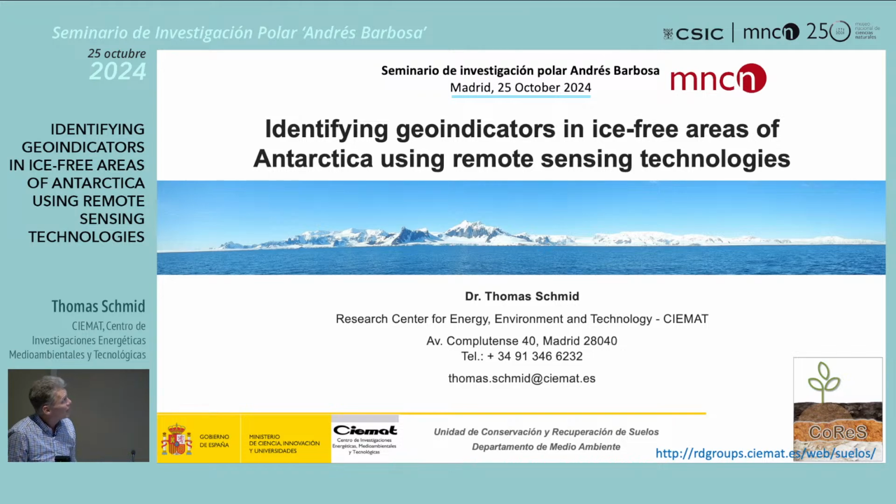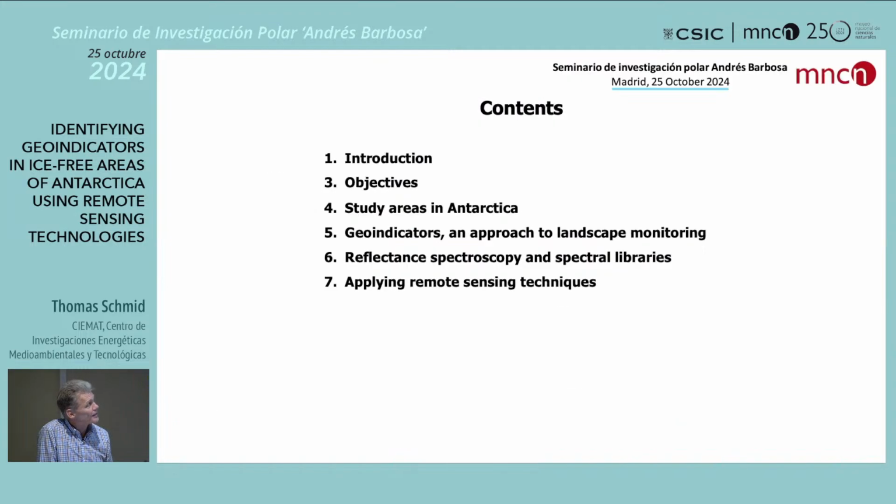So today, I want to talk about different techniques in remote sensing to be able to determine work we carried out, which I'm going to explain now in some detail, and to be able to characterize this.